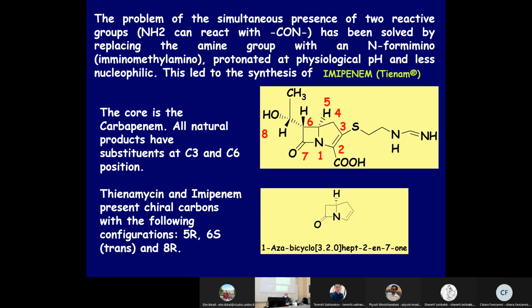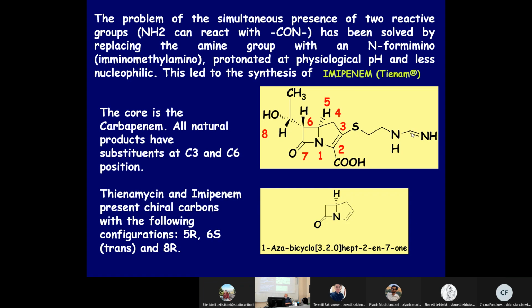The first derivative of this modified compound is called imipenem. You see here the chemical structure is the same of thienamycin. You see the same backbone, the same side chain, but you see a decreased basicity of the amino group by the introduction of a formic aldehyde.